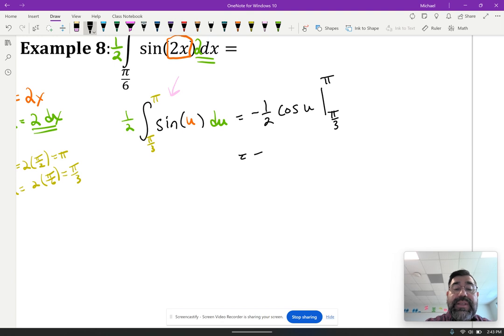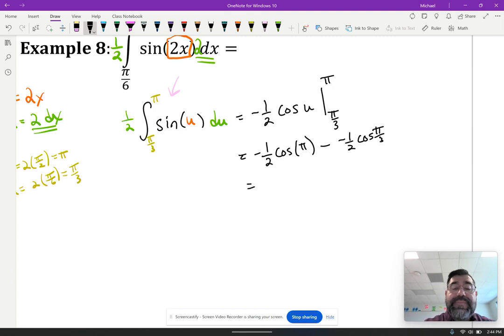And now the fundamental theorem says if you substitute the top limit into the antiderivative and take the bottom, I got to be careful. The fundamental theorem says to subtract them, but this also has a negative 1/2, so I got to be careful here. Cosine of pi over 3.